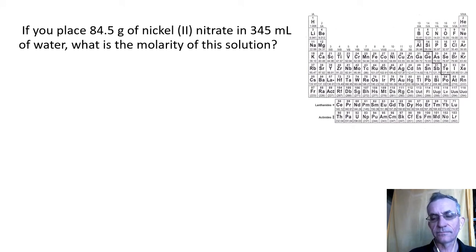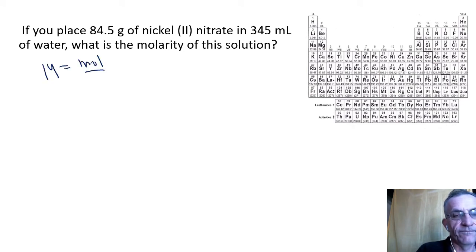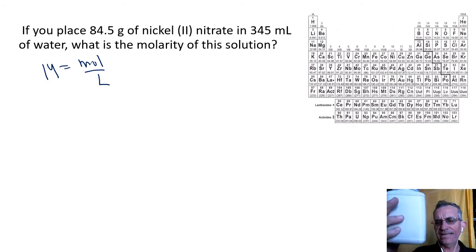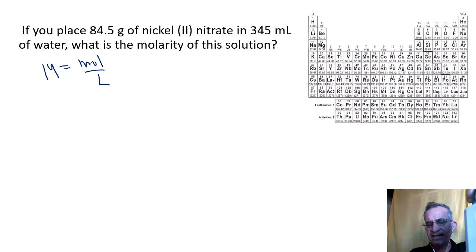All right, so we're trying to figure out the same thing as before: molarity. Molarity is moles over liters. So we're going to need to know moles, we're going to need to know liters, and we're going to have to divide. In this case, we're starting off with nickel(II) nitrate, which is a solid. When you buy chemicals, they just mail you a little box of a solid.